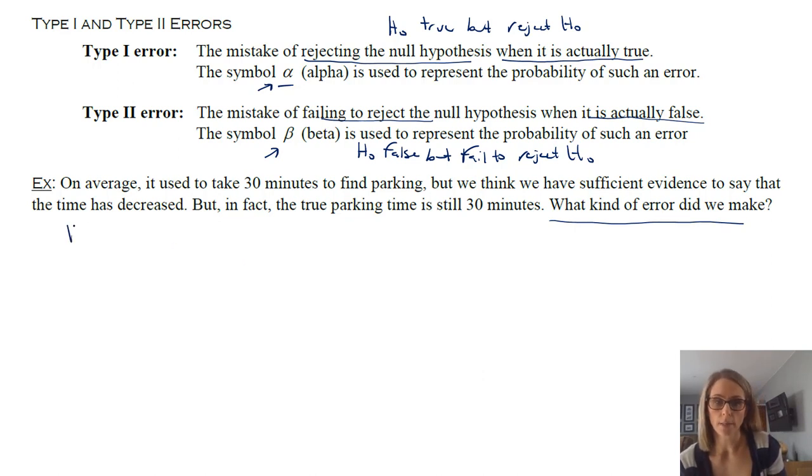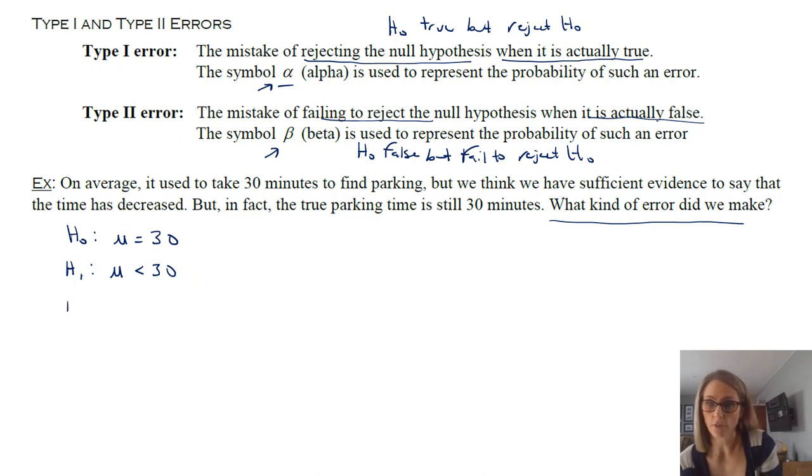So think about this. The H naught here is that the mean time it took to find parking, that's a really long time, is this. And then the alternative was that you think you have sufficient evidence to show that the time has decreased. So what you decided was, because of sufficient evidence, to reject your H naught.